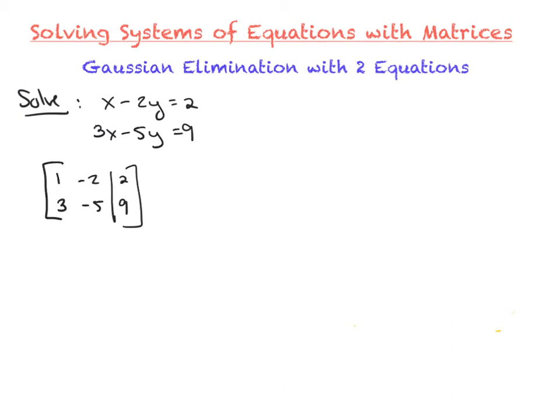Just like in the last example, the first step is we want to get a 0 in our first column. So the best way to do that would be to multiply -3 by row 1, add it to row 2. We can store that result in either row, so we want the 0 in row 2, so we're going to store our result in row 2.